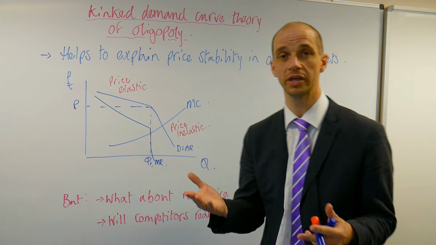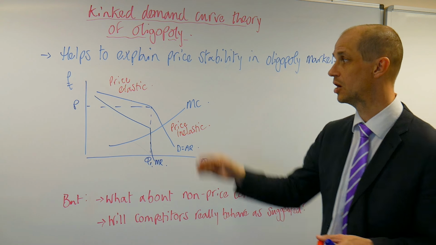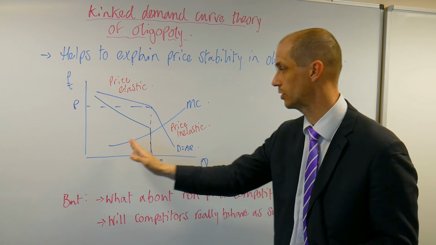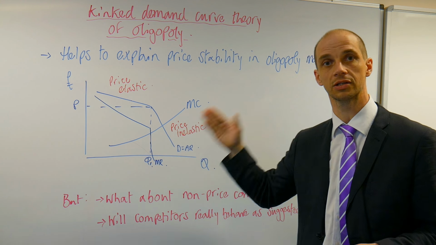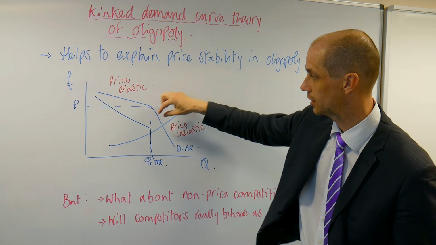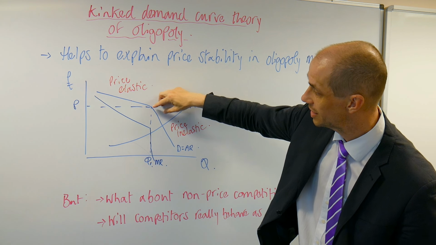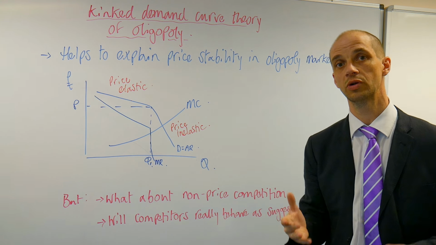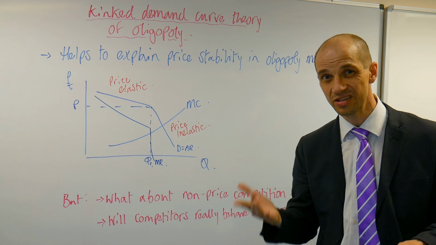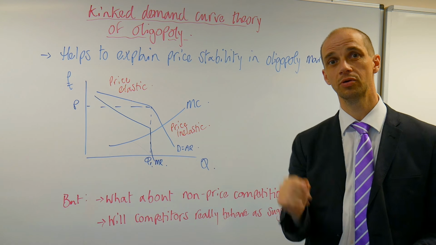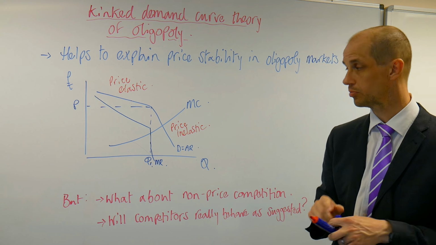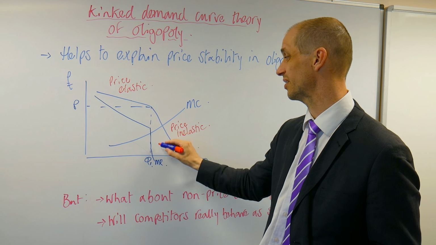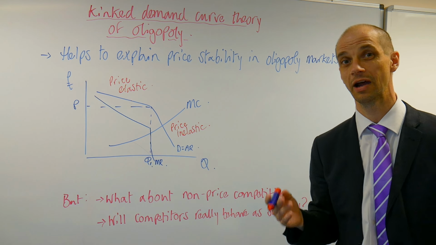The reason is that when you reduce the price, the other firms would follow suit. In doing so, output would only increase a tiny proportion. So we could reduce the price to this level and get a very, very small increase in output.